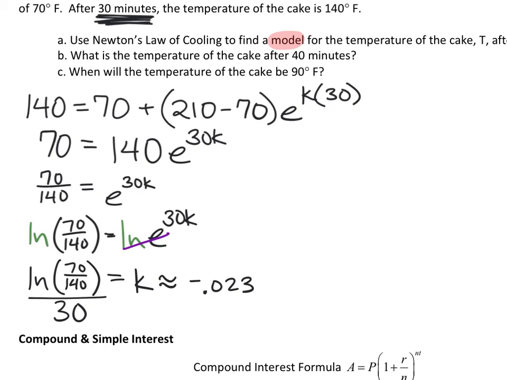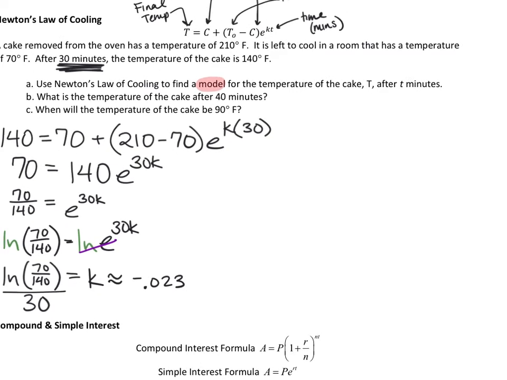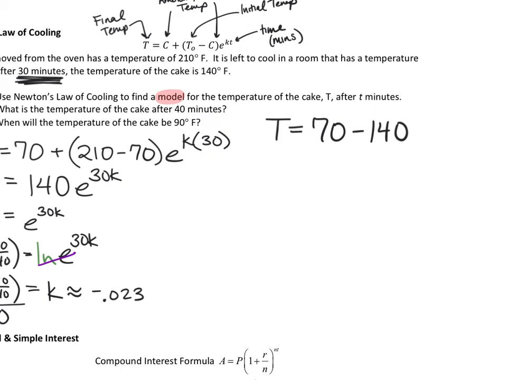Cool. So if we were writing the actual model here, it would be the temperature of the cake, the final temperature T, equal to room temperature, which is 70, minus, we can go ahead and simplify that to 140 because 210 minus 70 is 140, times e to the kt.